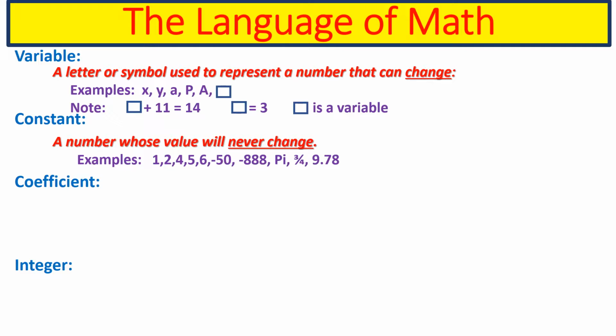Constant. A constant is a number whose value will never change. Examples of constants would be 1, 2, 4, 5, 6, negative 50, negative 888, pi, 3/4, and 9.78. 2 is a constant because the value of 2 has been 2 forever and will always be 2.